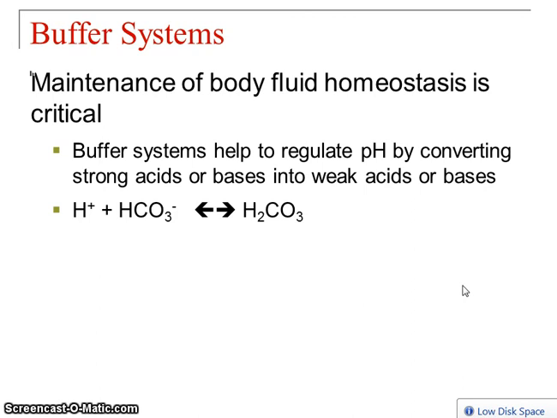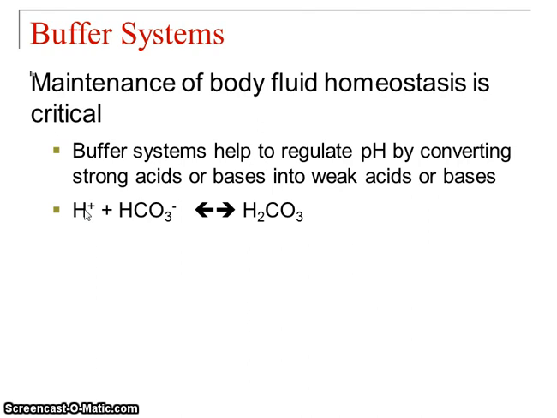What we have in our body for quick fixes are buffers. Buffers are weak acids or weak bases that change based on what's been added to the solution. So let's say you add in a lot of H+. If there's not a buffer, pH would drop.